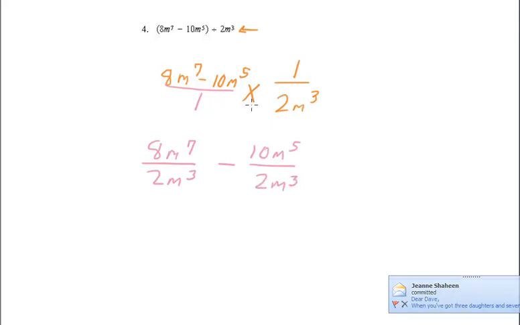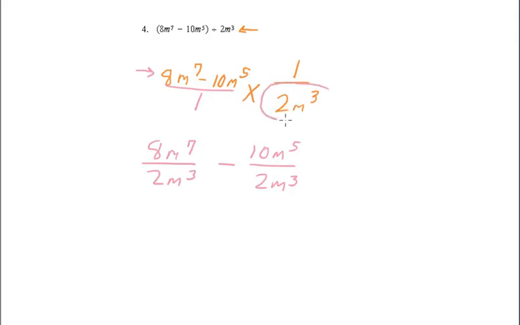And again, my numerator here is 8m to the 7th minus 10m to the 5th, and my denominator is 2m cubed, because we inverted and multiplied instead of dividing. So when we do that, we take the reciprocal. So now we can just simplify.